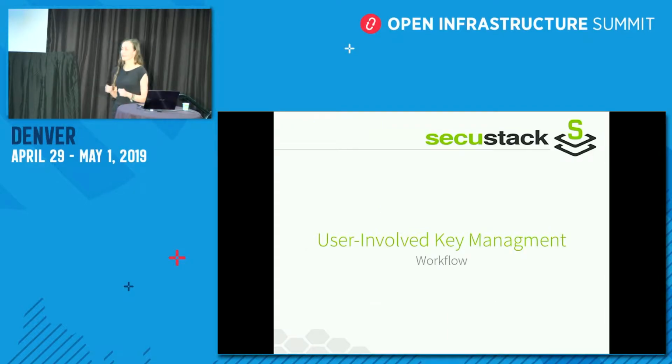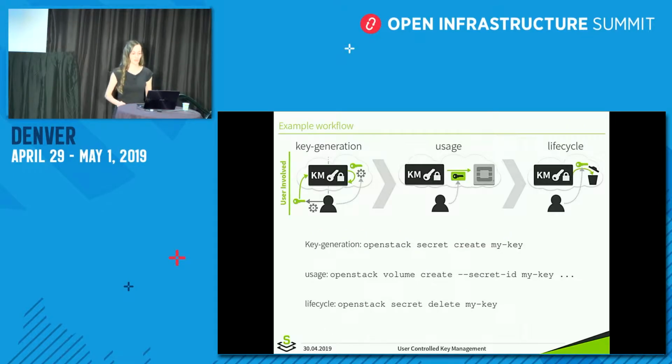And the first thing, we wanted to have the user have a little bit more control about what key is generated and what key is used when. We just give the key generation to the user. Either the user creates the key and loads it up to Barbican, or the user actually does the command openstack secret create, which creates a key in Barbican.